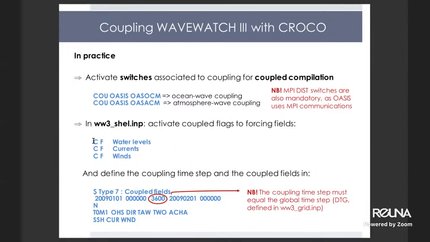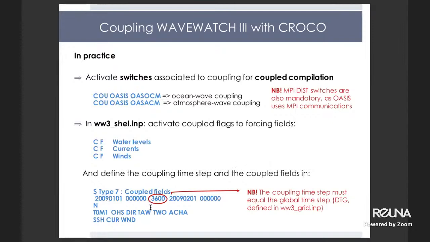So if you want to couple, you put a C on the first flag, C like coupling, and you choose if you want to couple water levels, current, and winds. You can couple only one of them or separately, it depends on your configuration. Then at the end of the shell.inp file, you also have to define the coupling time step and the coupling fields that will be exchanged.